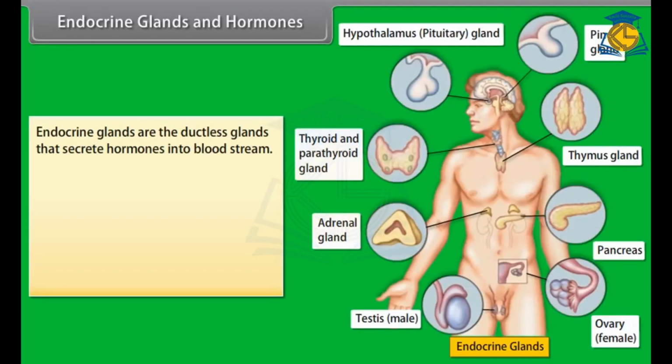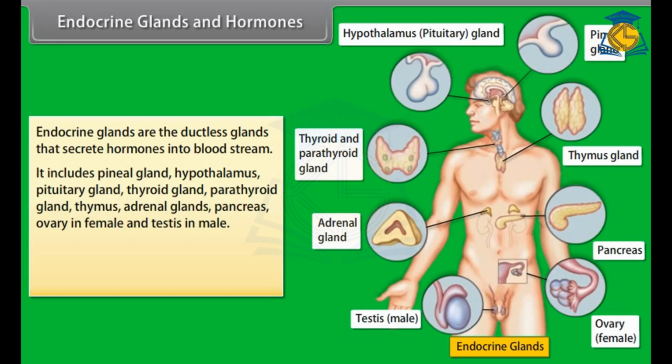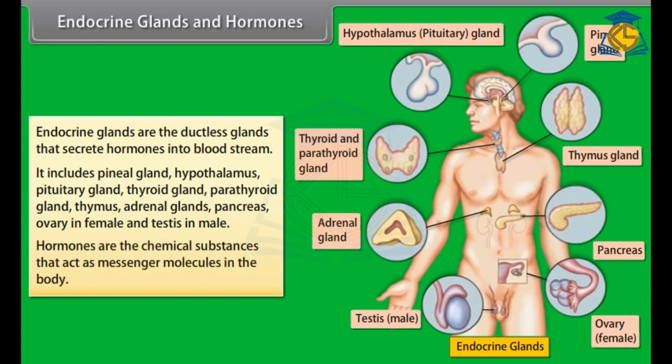Endocrine glands are the ductless glands that secrete hormones into bloodstream. It includes pineal gland, hypothalamus, pituitary gland, thyroid gland, parathyroid gland, thymus, adrenal glands, pancreas, ovary in female, and testis in male. Hormones are the chemical substances that act as messenger molecules in the body.